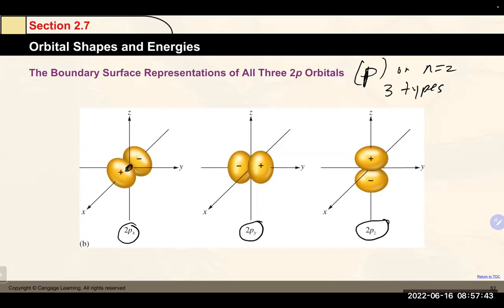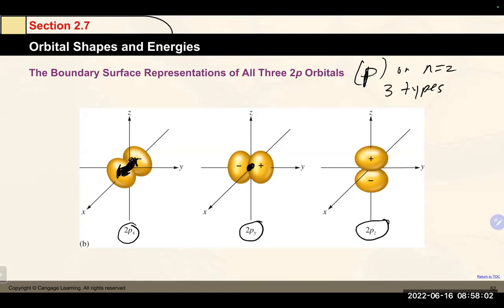The highest probability of finding electrons is in this area here, because the nucleus is probably positioned right about there. So the highest spot on both of those lobes of the p orbital is found right there.